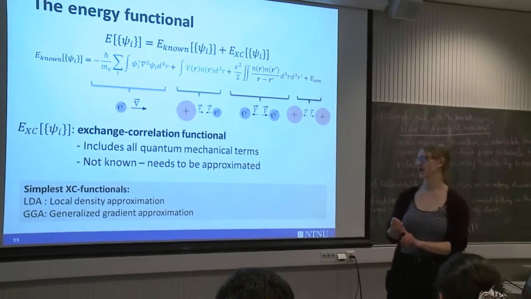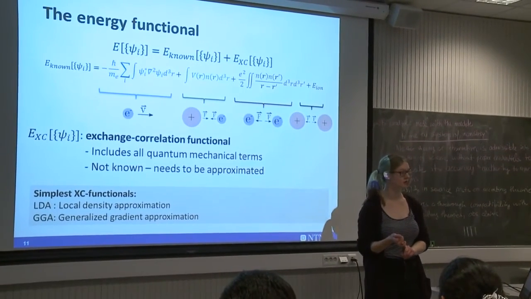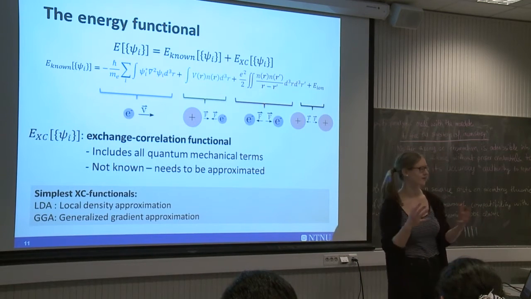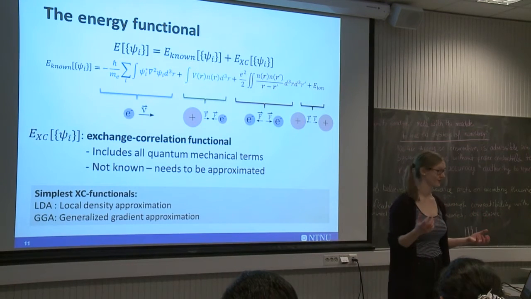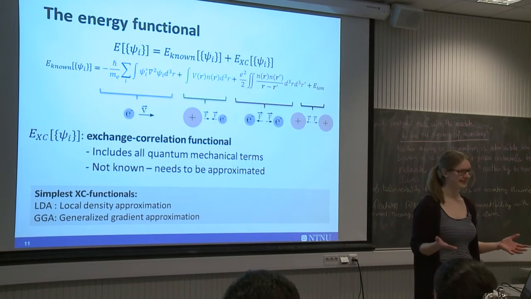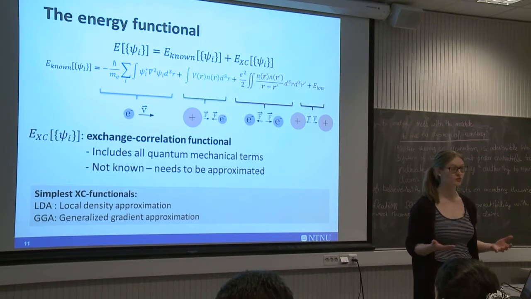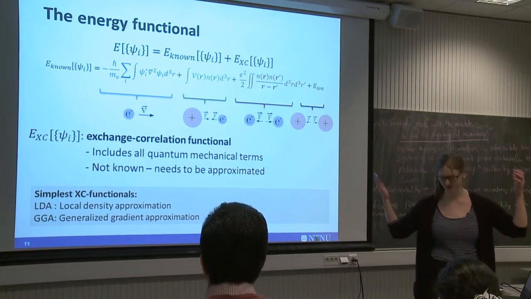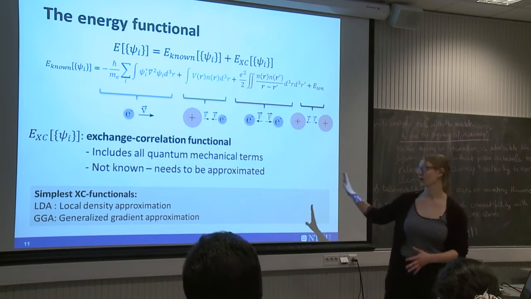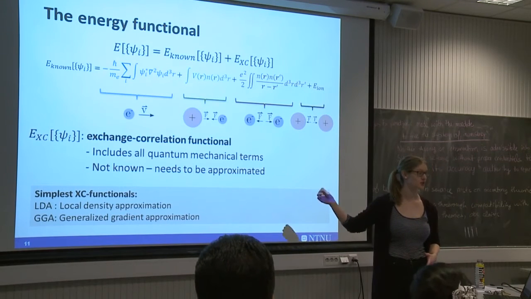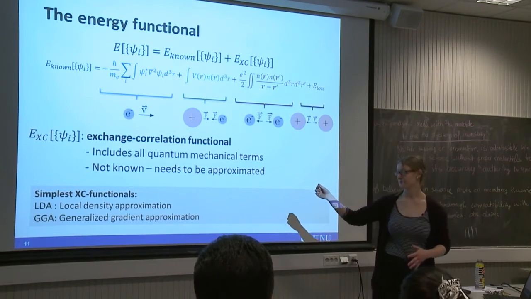And then we have the exchange correlation functional. That takes care of all the quantum mechanical interactions between electrons. And unfortunately, that's something that we don't really know. It exists, the perfect functional exists, but we don't know it. So in all calculations in DFT, this is something that needs to be approximated.